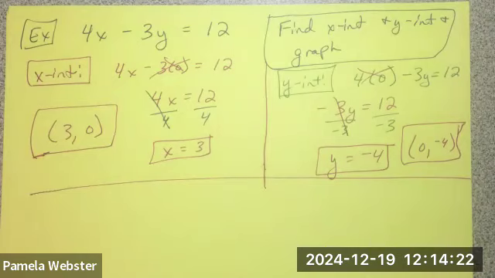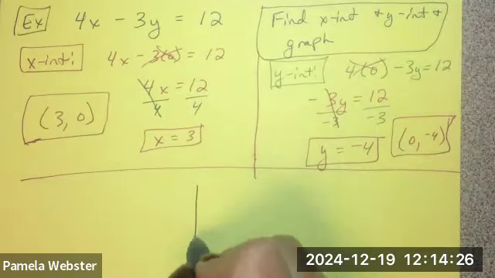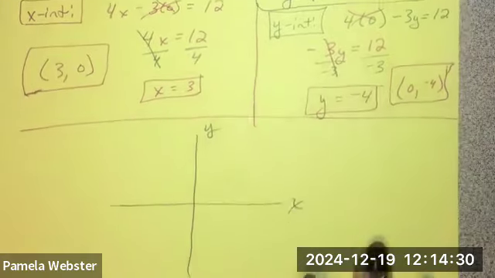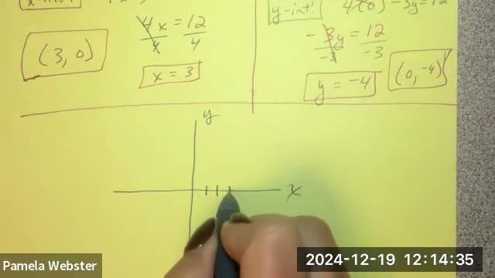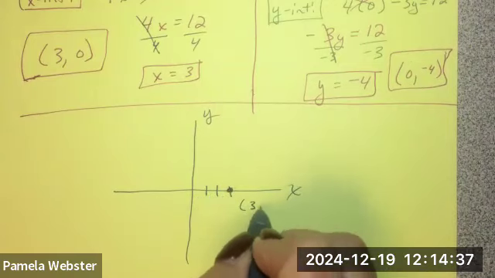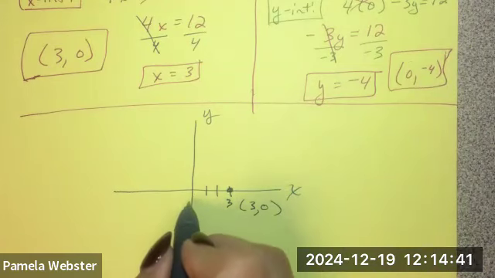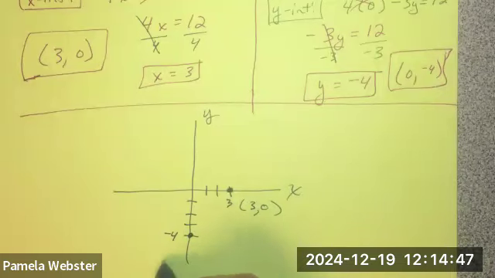Okay, so here we go. We've got a graph. So we found the x-intercept, the y-intercept. We're going to graph x and y. And now I say, oh, I need the point 3, 0. That's right here. And I need the point 0, negative 4, which is down here.